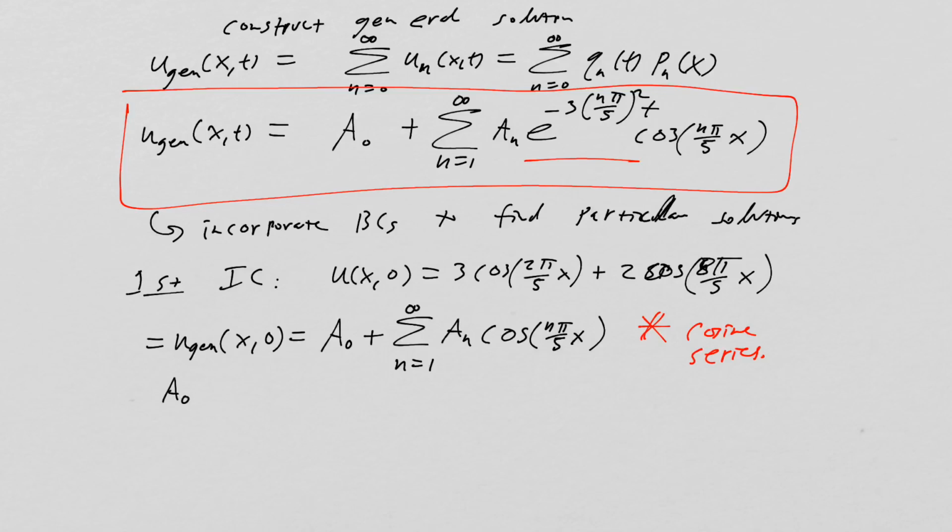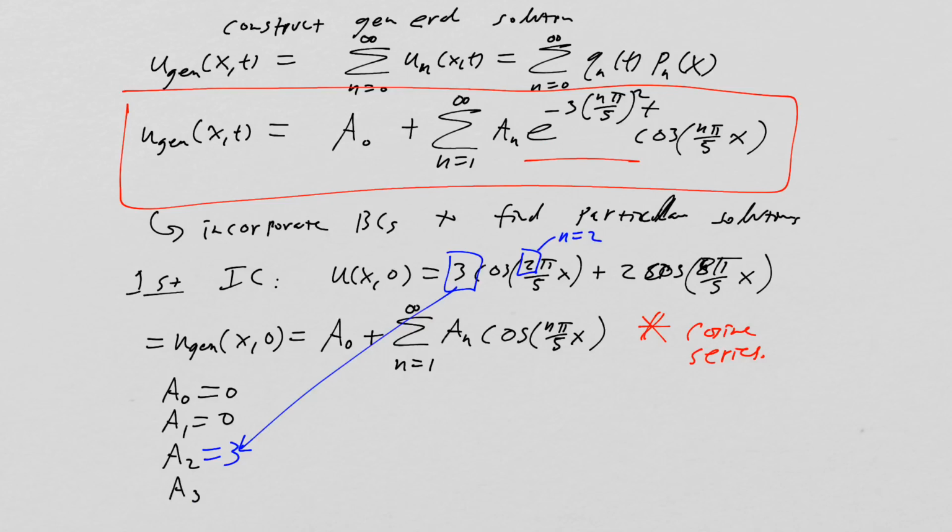First off, we can see that a0 is equal to 0. a1 is equal to 0. But a2, if you note here that we have a 2 there, that's clearly our n equals 2, it has a coefficient of 3, so we can write 3 right there.